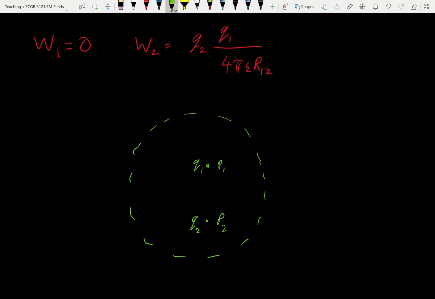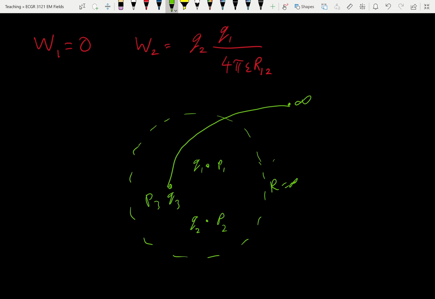Now I want to take a third charge, Q3, and move it from infinity, R equals infinity, to some point P3. But now this charge is being opposed by 2 charges instead of 1.